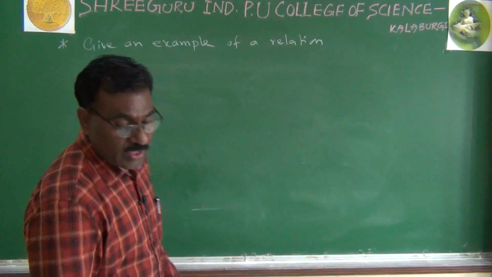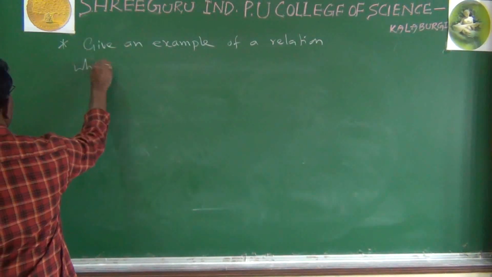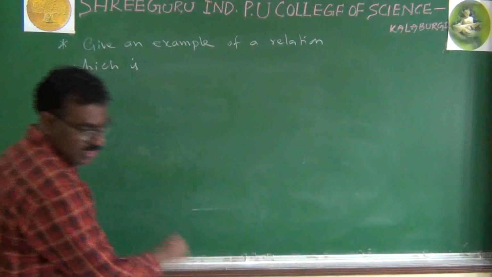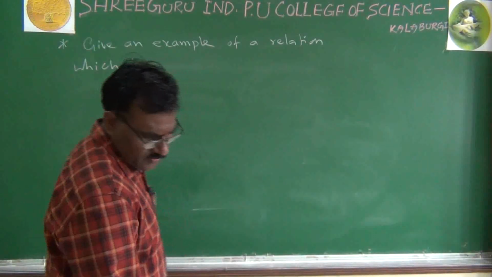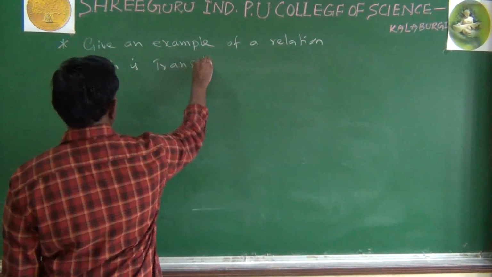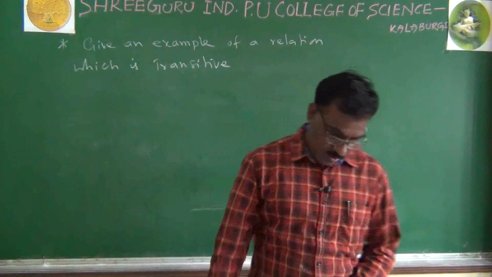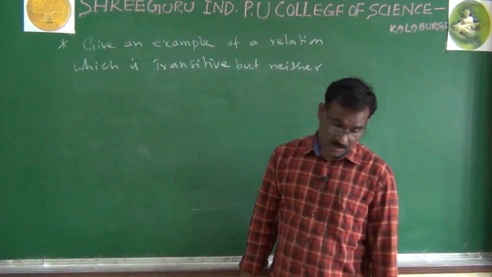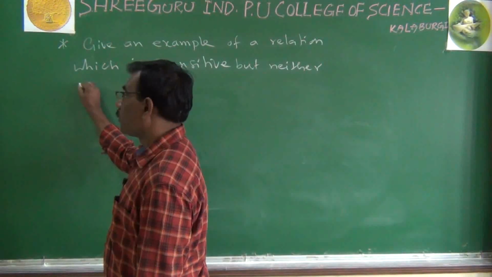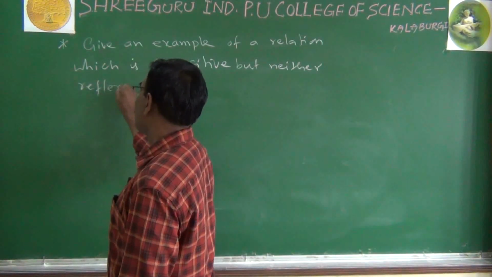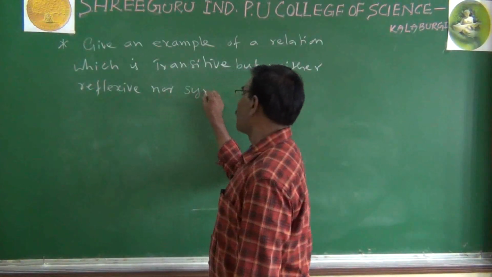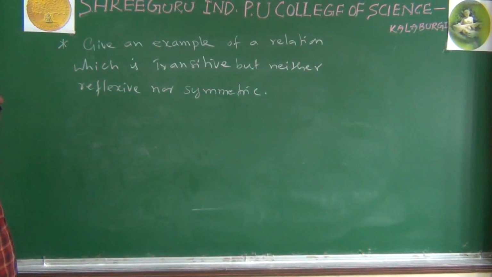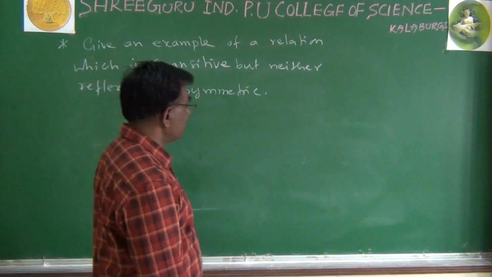Next question. Give an example of a relation which is transitive but neither reflexive nor symmetric.